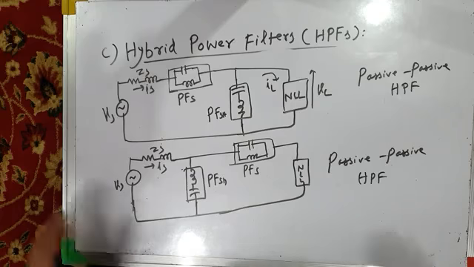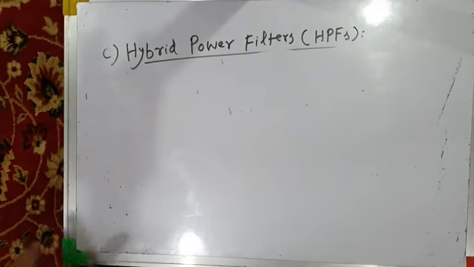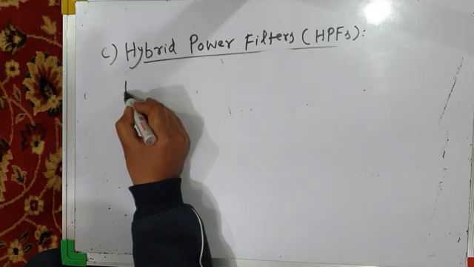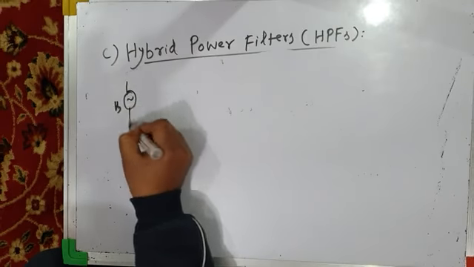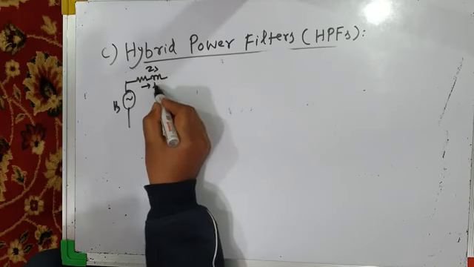Okay, this is another type. The third configuration may be like this: source voltage, source impedance, source current.